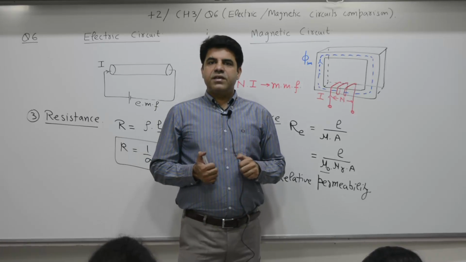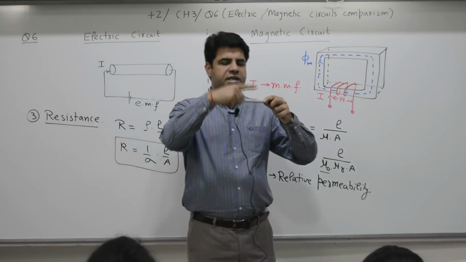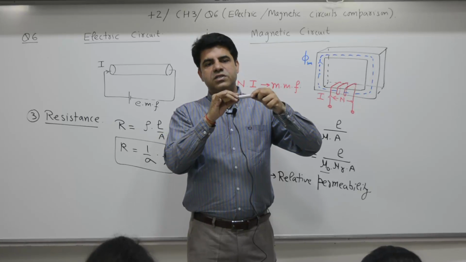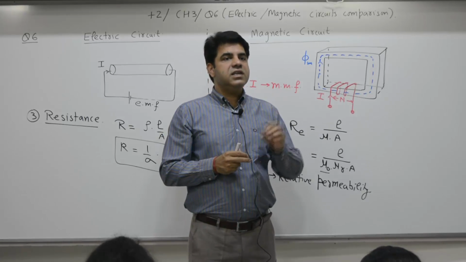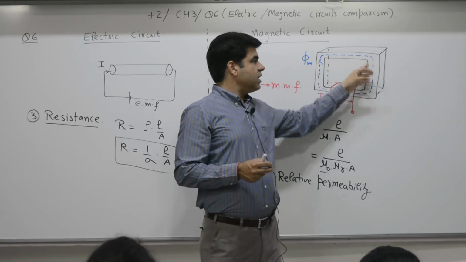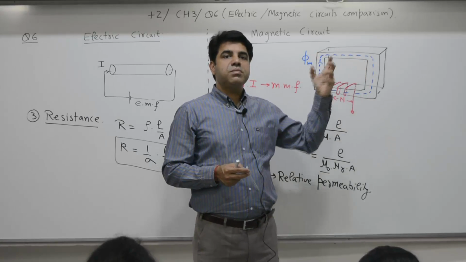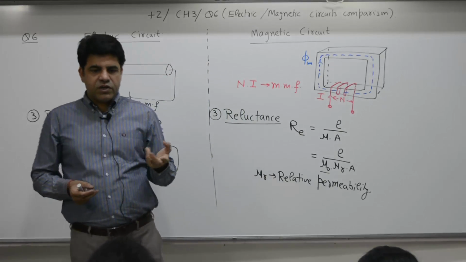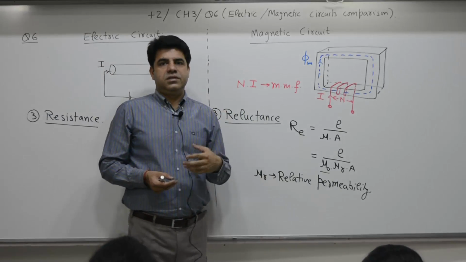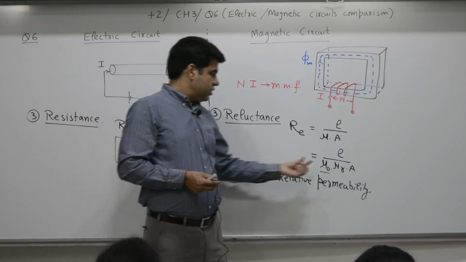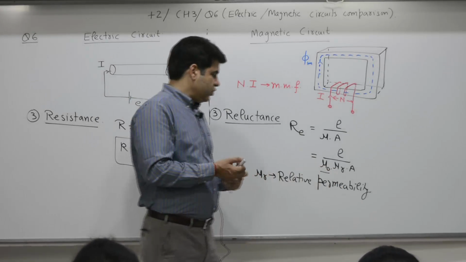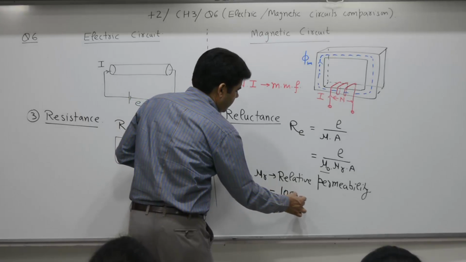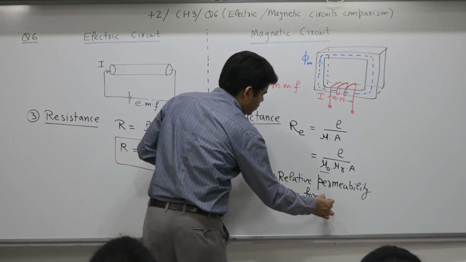That is why whenever you make an electromagnet, you make use of iron ore, because it will increase its magnetic flux carrying abilities by 1000 times. Opposition offered will reduce to 1 by 1000. So for iron, mu r is approximately 1000 for soft iron.